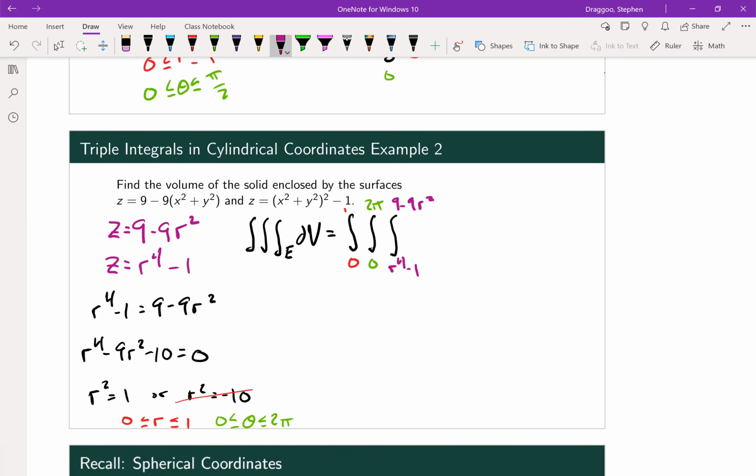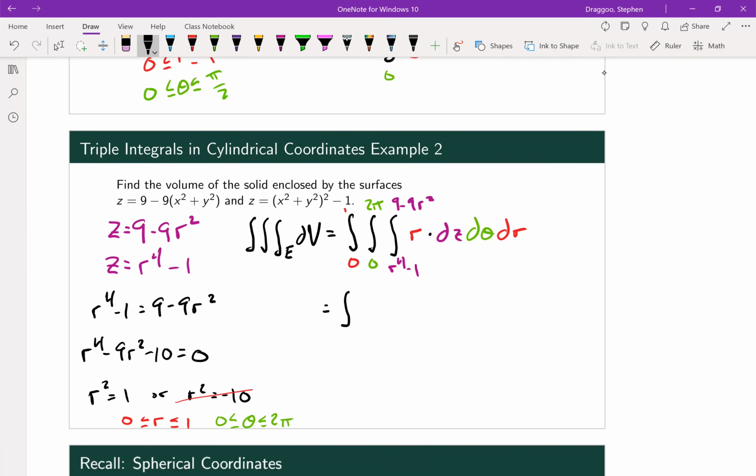Then we should multiply in our dV, which is r times dz d theta dr. dz followed by d theta followed by dr. Cool, so let's get going. If we integrate this thing with respect to z, we don't already have anything related to z in the integrand, so nothing to happen there.